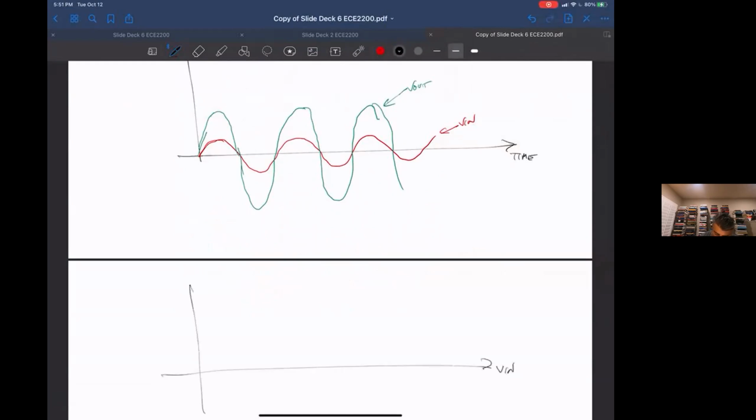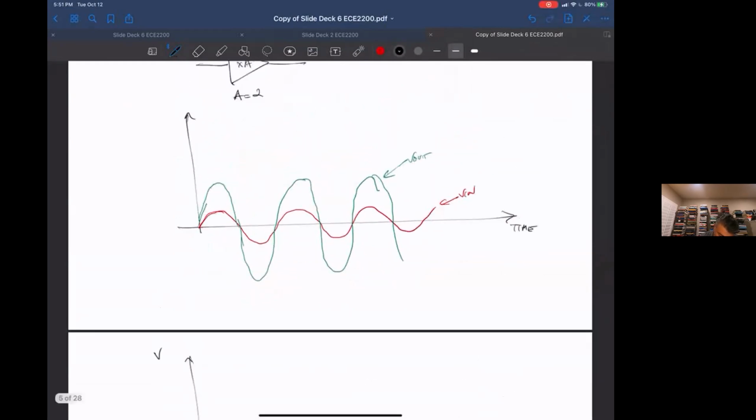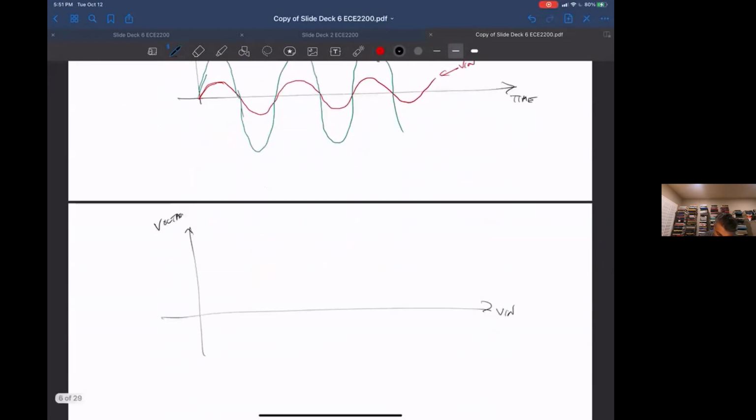Or alternatively, let's say Vin was not a sine wave, so this is voltage. Let's say Vin did a bunch of weird activities.